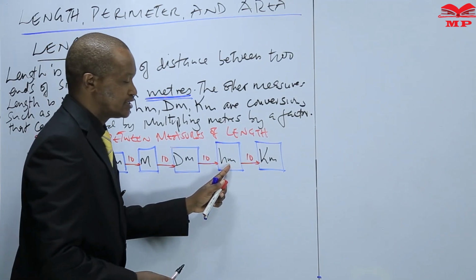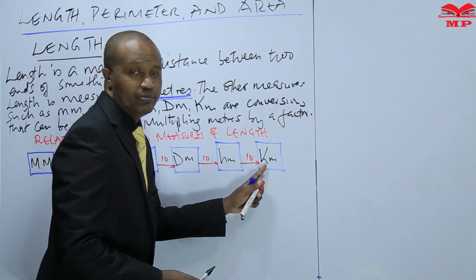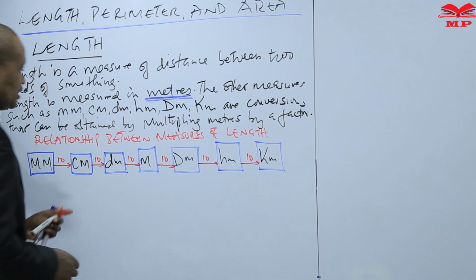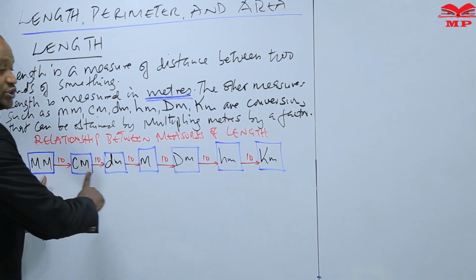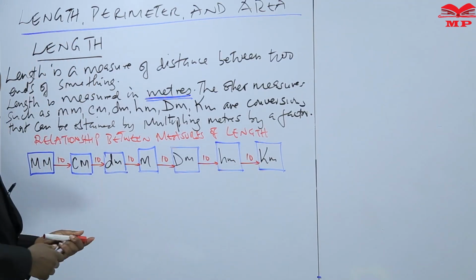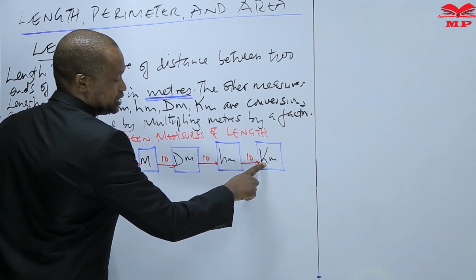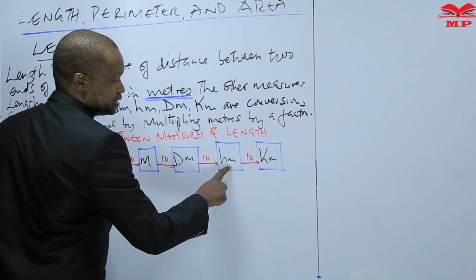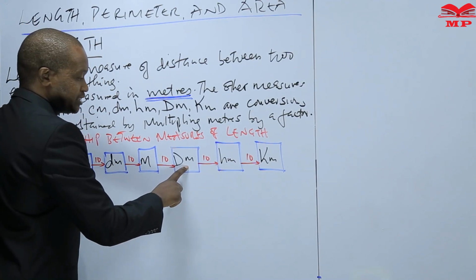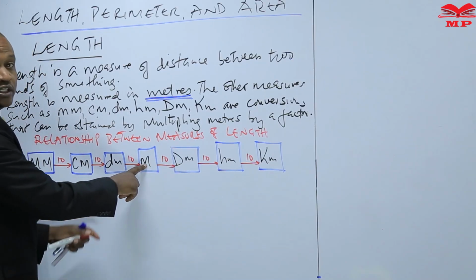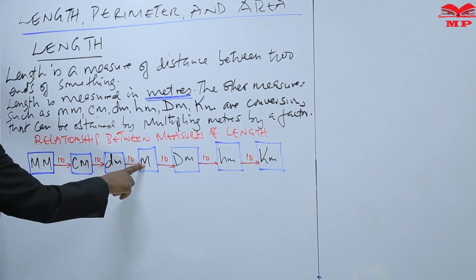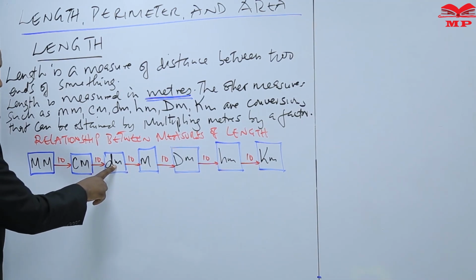10 hectometers make 1 kilometer. So the units of length keep on increasing as we move to the right, meaning that 1 kilometer is greater than 1 hectometer, and 1 hectometer is greater than 1 decameter. 1 decameter is greater than 1 meter, and 1 meter is greater than 1 decimeter, and so on.